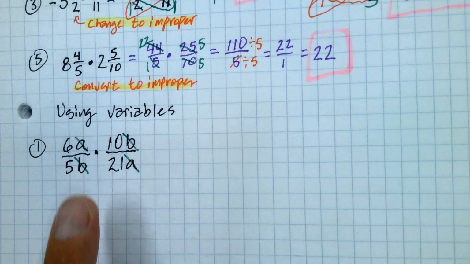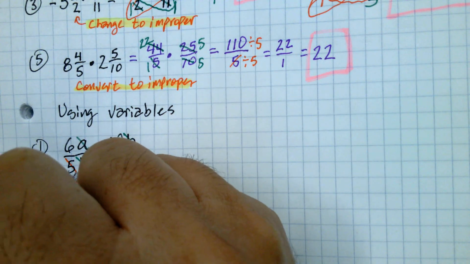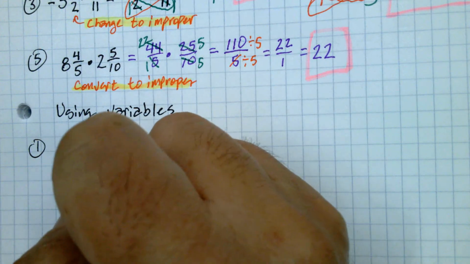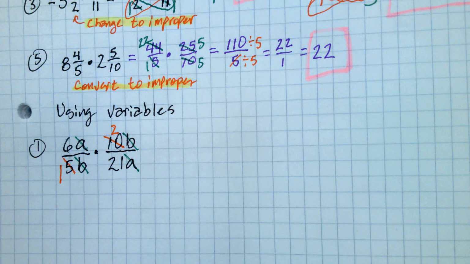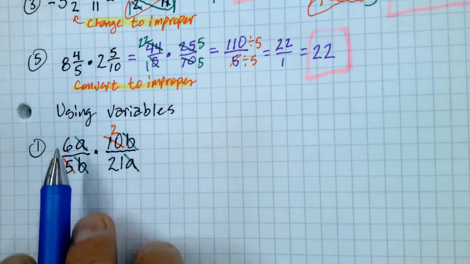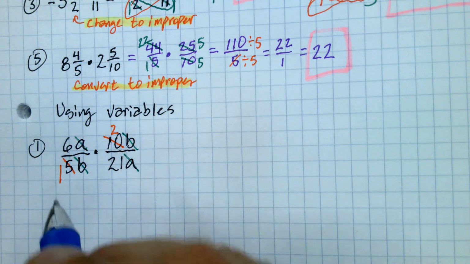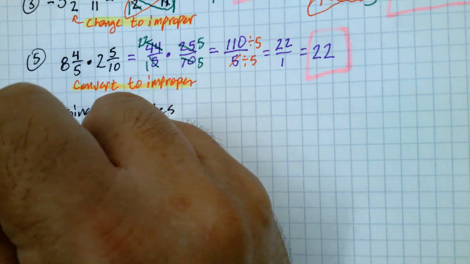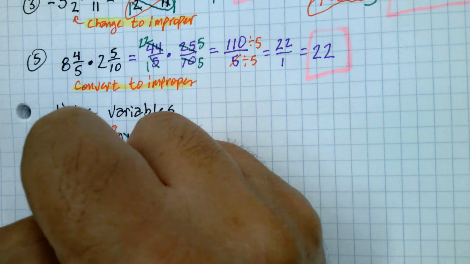Now let's go on to numbers. Really, I have 6/5 times 10/21. Can I do some cross canceling with those? Yeah. 5 divides with 5, and I get 1. 5 divides with 10, and I get 2. I got that. And then I can cross cancel 6 and 21, because what goes into 6 and 21? 3, right? 3 goes into 6 2 times. 3 goes into 21 7 times.